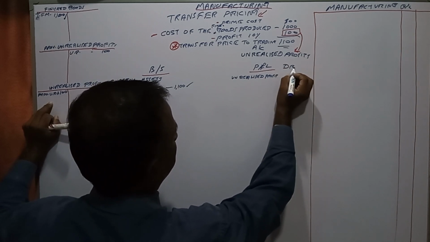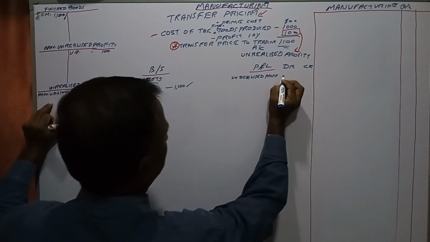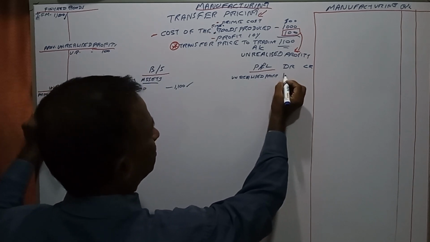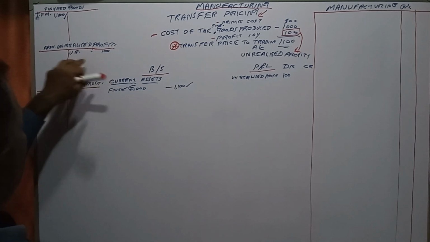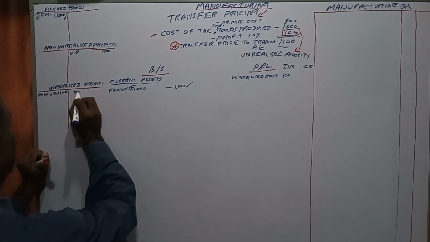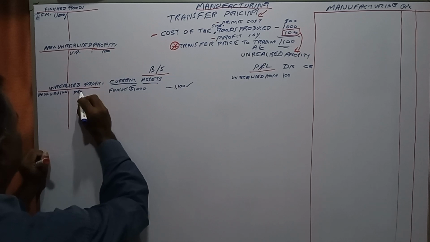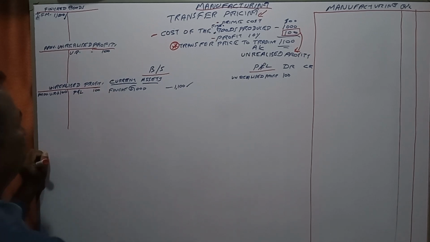Here debit balance will be there, here credit balance. Debited to profit and loss account, unrealized profit, and this will go to the profit and loss account 100.